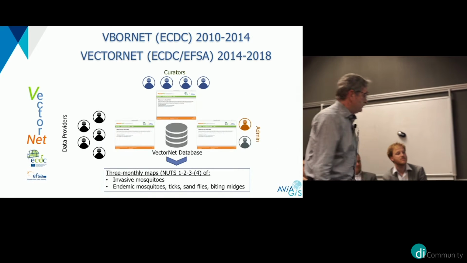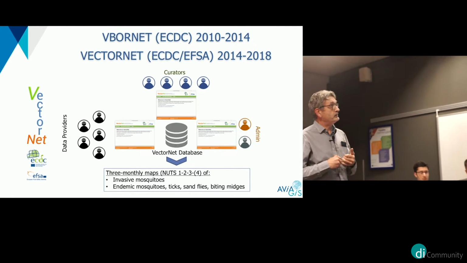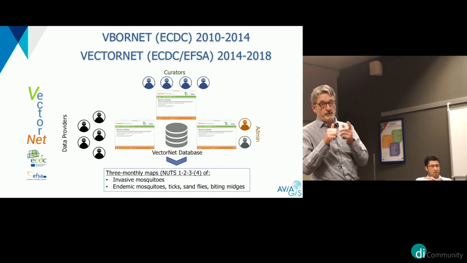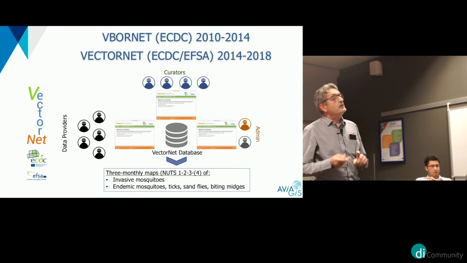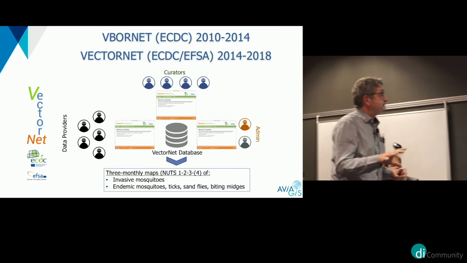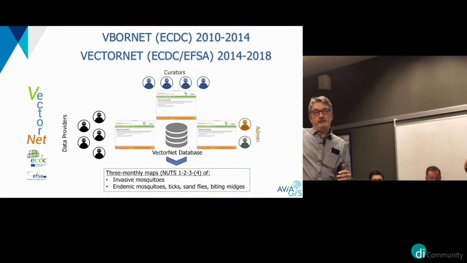Now then, in 2010, for ECDC, we started a network which is called VBORNET. That network is collecting data about mosquitoes, ticks, sandflies, and biting midges. I won't go into detail, all over Europe, and we're producing every 3 months maps of all these different species.